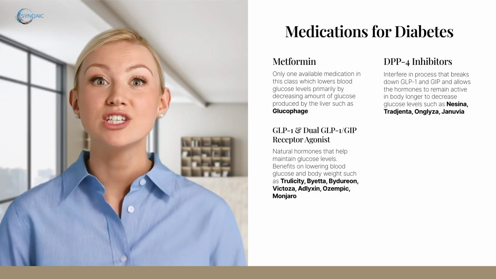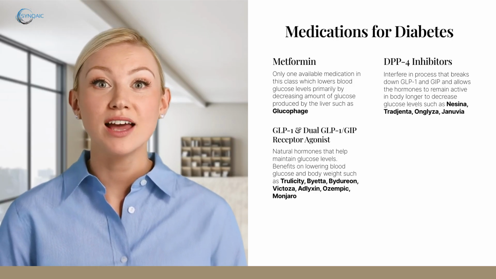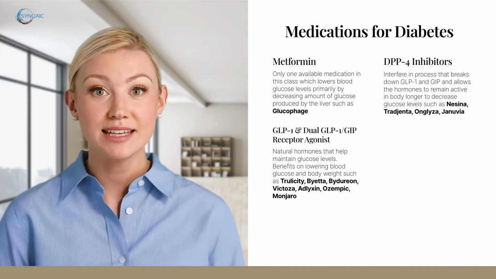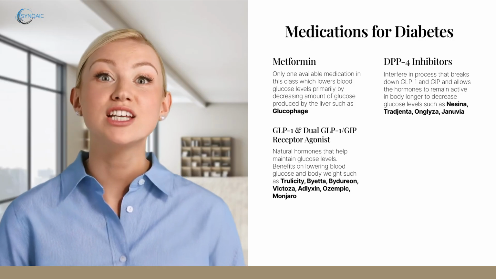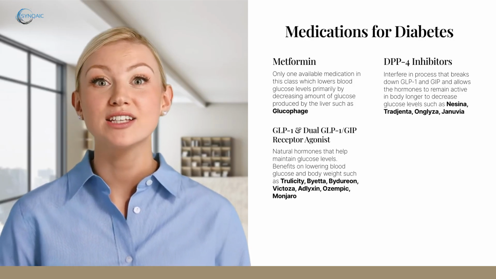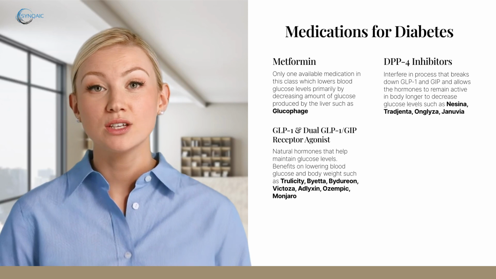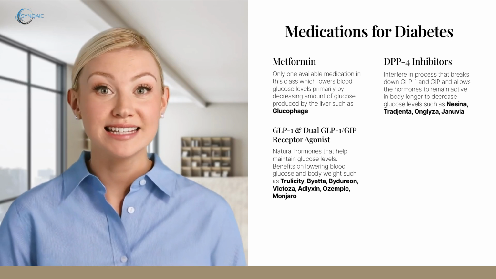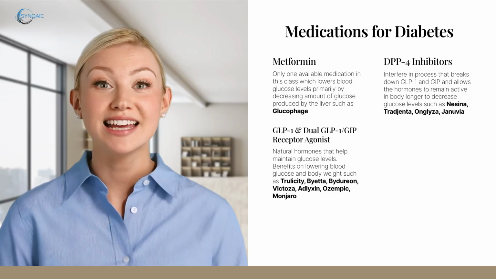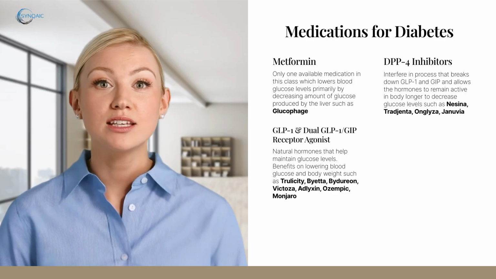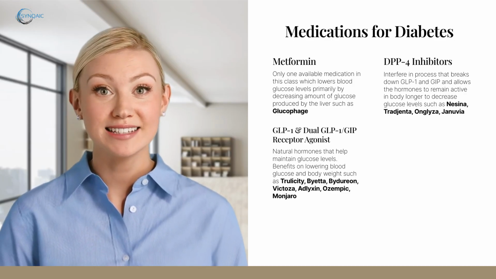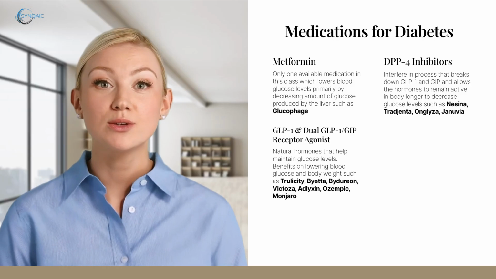Most of these medications are injected, with the exception of one that is taken by mouth once daily, called semaglutide, Rybelsus. Injectable GLP-1 receptor agonists currently on the market include dulaglutide, Trulicity, exenatide, Byetta, exenatide extended release, Bydureon, liraglutide, Victoza, lixisenatide, Adlyxin, injectable semaglutide, Ozempic.